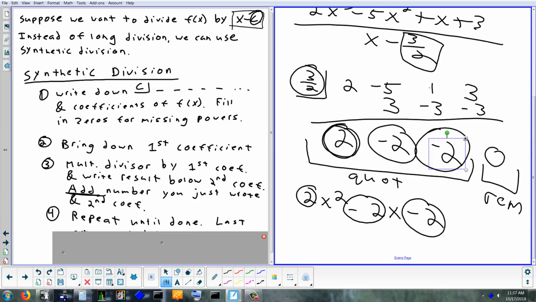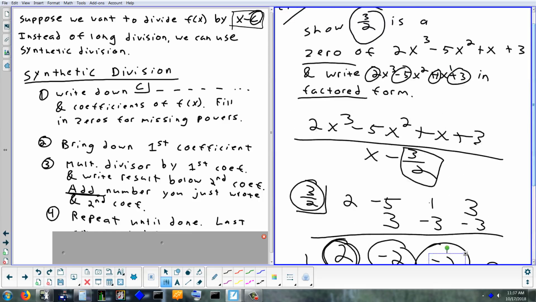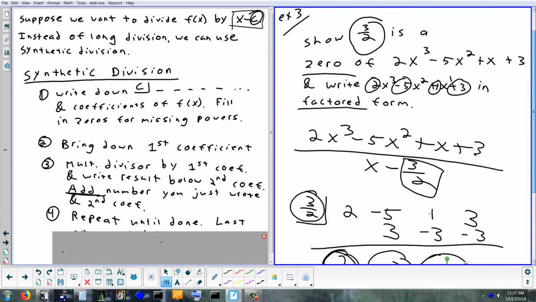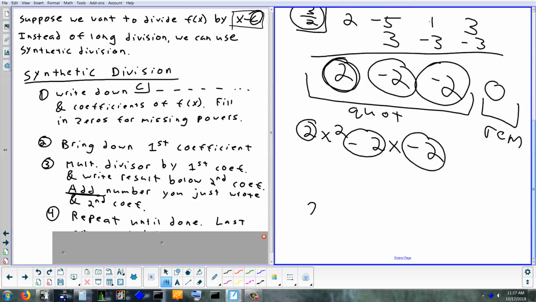So now, the directions say, well, to factor. Well, I already know one of my factors. I proved x minus 3 halves is a factor. So if I wanted to factor, just write down the original problem. It's 2x cubed minus 5x squared plus x plus 3.